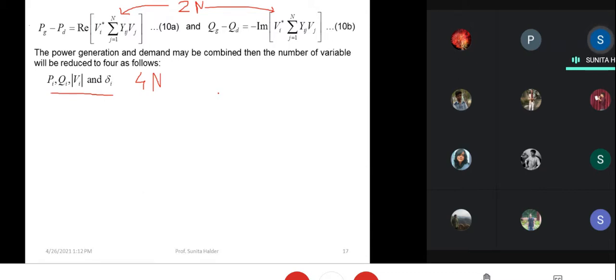So we have to reduce these 4n variables to 2n variables. I am continuing. If you are not understanding, then you must interrupt me.